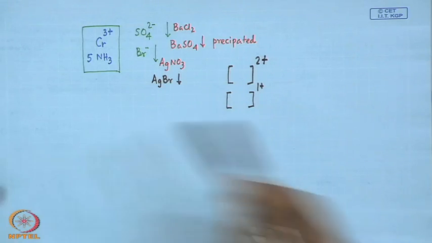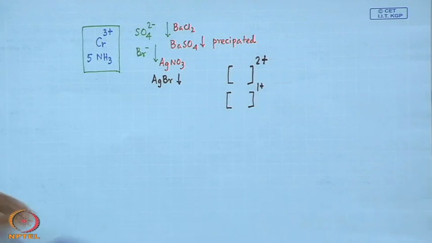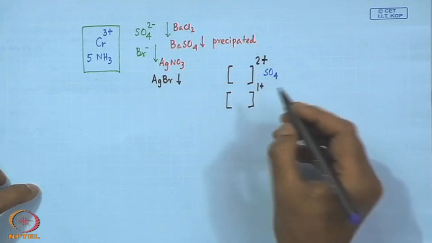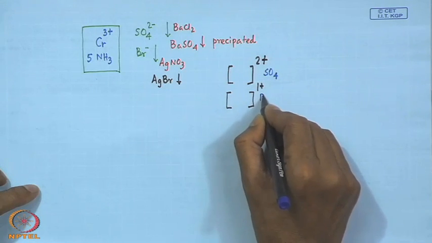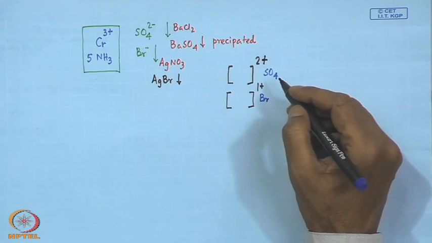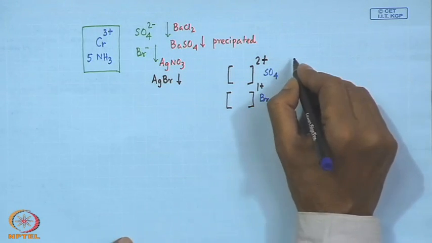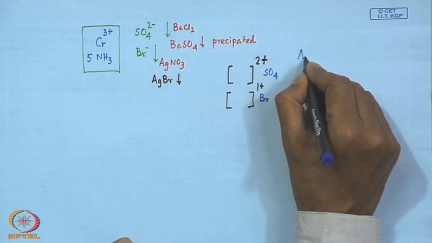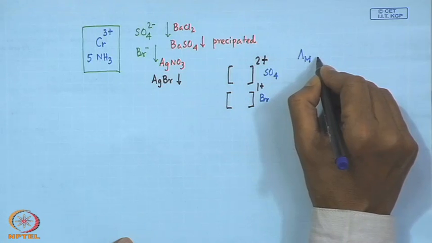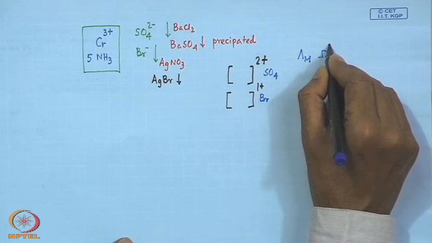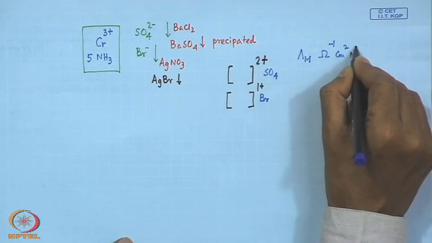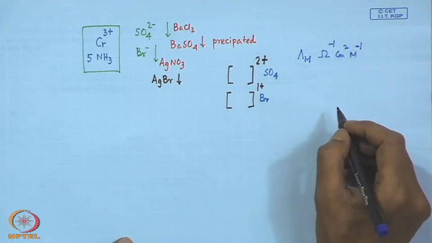So, when Br is inside we have the corresponding sulphate salt, and when sulphate is inside we have the Br salt. These two can be identified by measuring the corresponding solution electrical conductivity, which is determined in terms of ohm inverse centimeter square mole inverse.